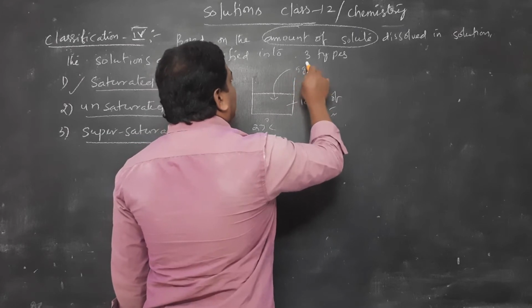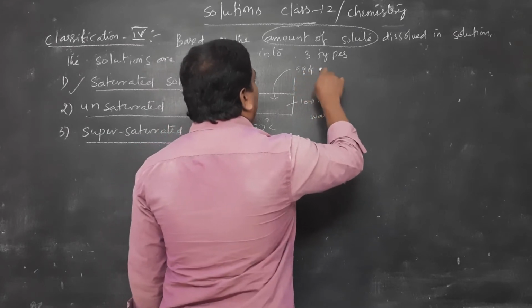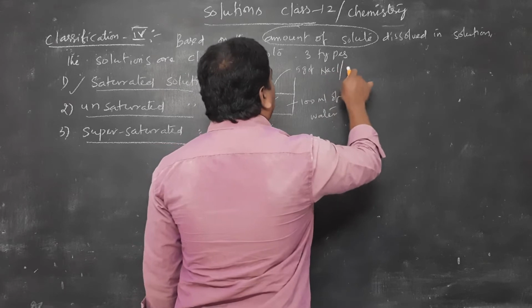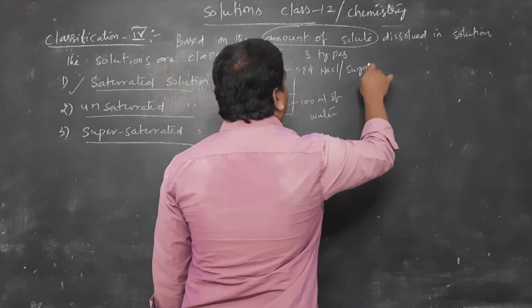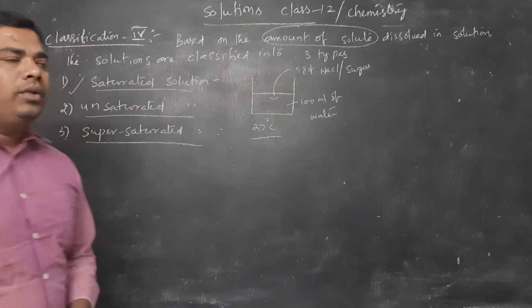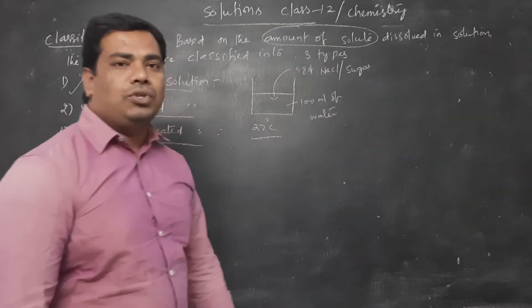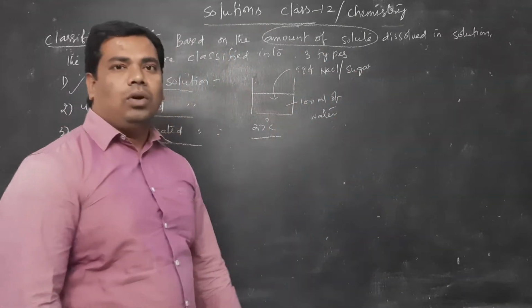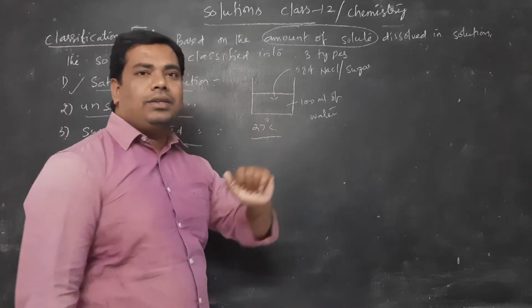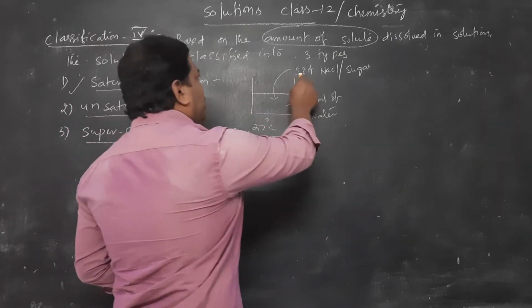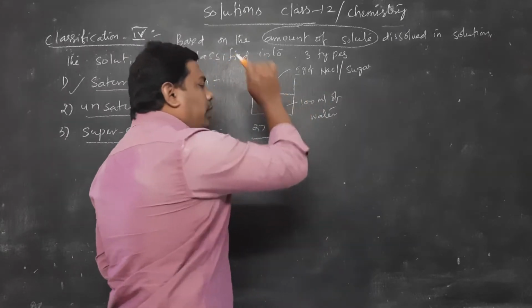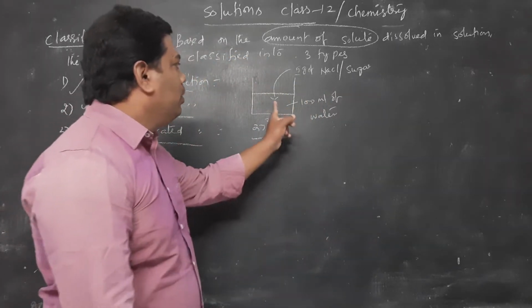Here we are adding 5 grams of sodium chloride, or you can take 5 grams of sugar, to this 100 ml of water at 27 degrees. So this sodium chloride or sugar is dissolved in water.